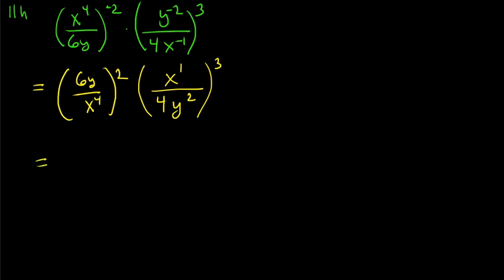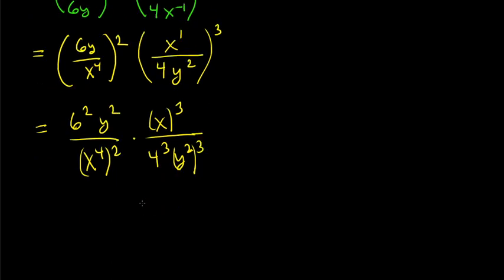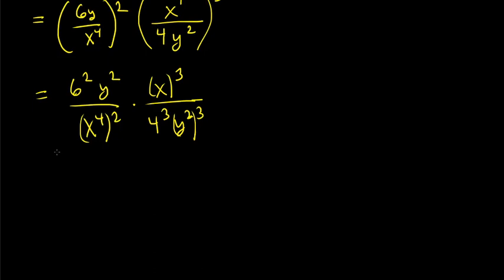And now we just square everything inside the parentheses, right? So 6 squared times y squared divided by x to the 4th squared times, right? X to the 1 is just x, but then we have to raise it to the power 3, divided by 4 to the 3, and then y squared, also to the 3. Okay.